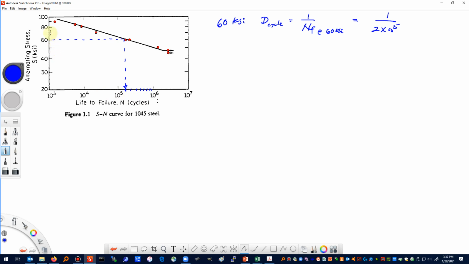Let's try a different value. Okay, how about 70? Go over to the line, I come down here. Again, this is on log scales. So 2, 3, that might be 3.5 or 4. Let's call it 4.